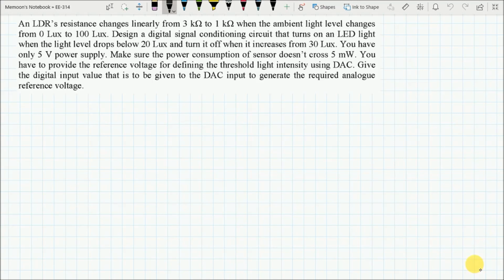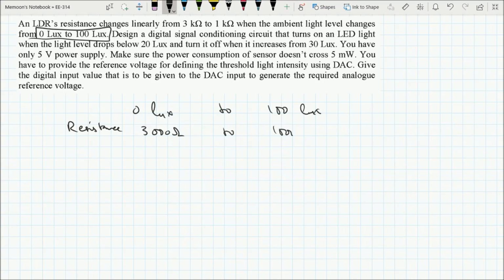So the range of interest of your light level changes from 0 lux to 100 lux, and the resistance of your sensor changes from 3000 ohms to 1000 ohms for 0 lux to 100 lux.